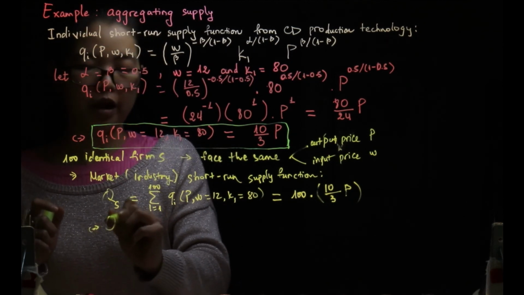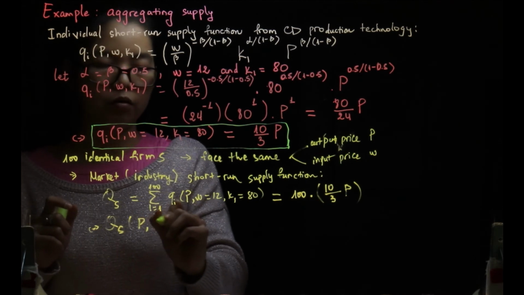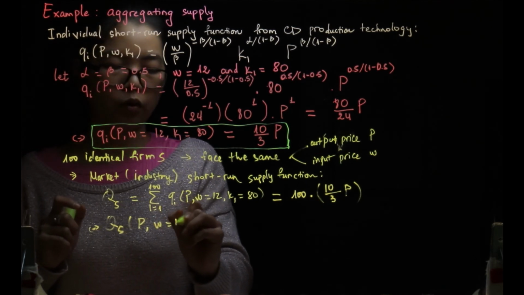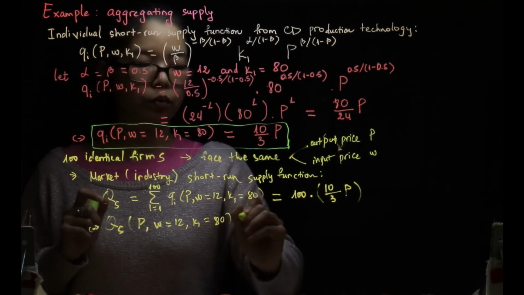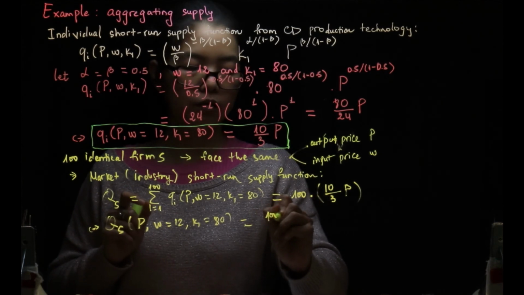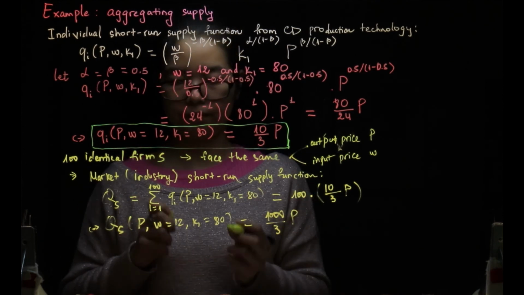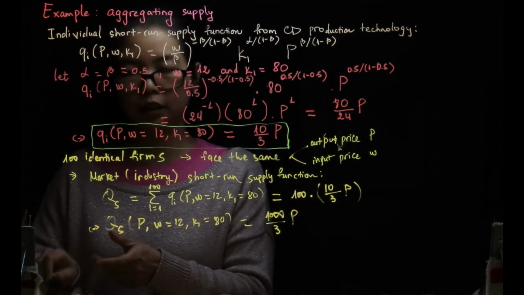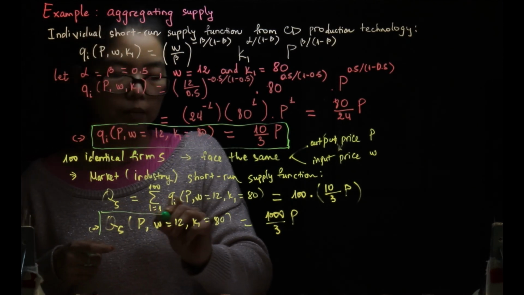So we would have QS as a function of P when we fix W at 12, K1 at 80, which is 100 times 10 is 1,000, right? Over 3 times P. So this is industry short-run supply function.